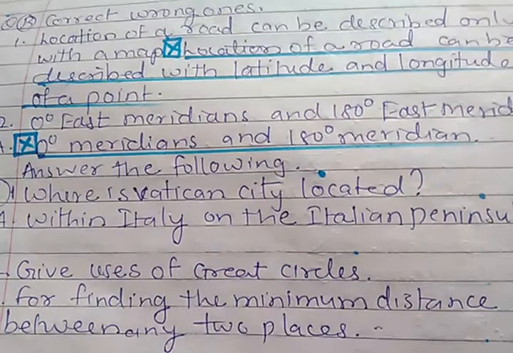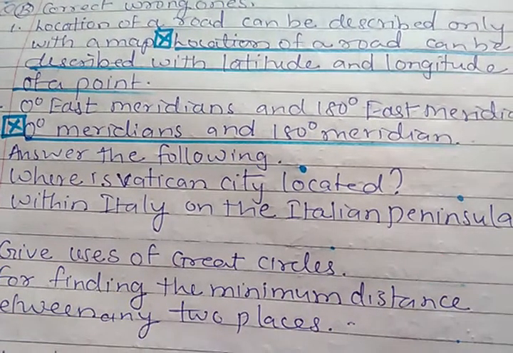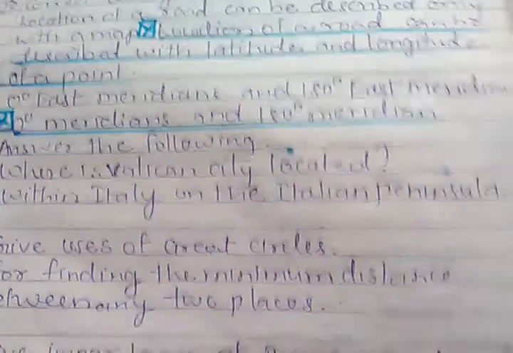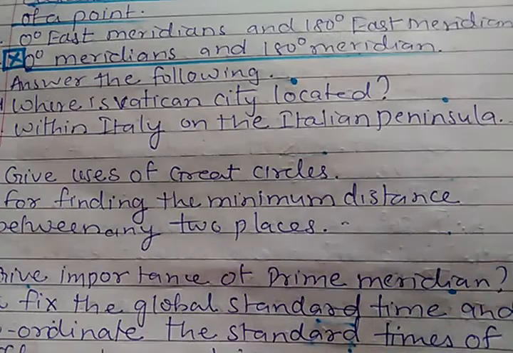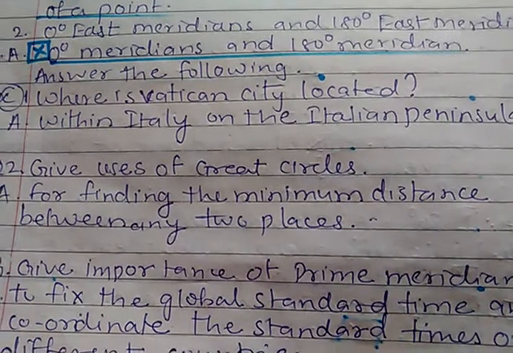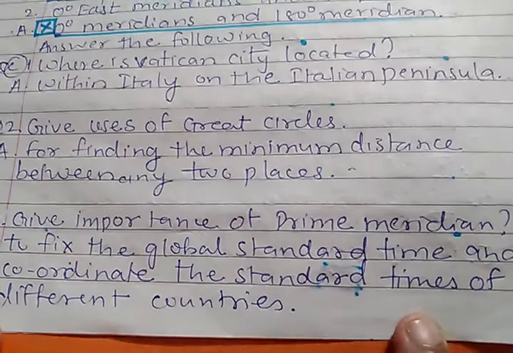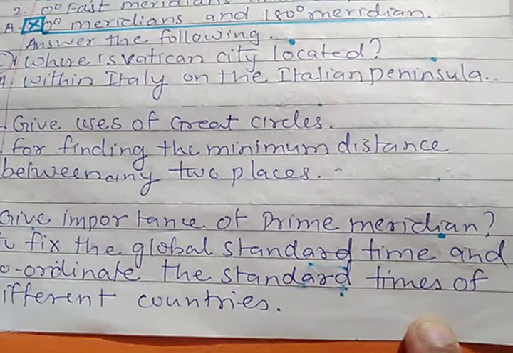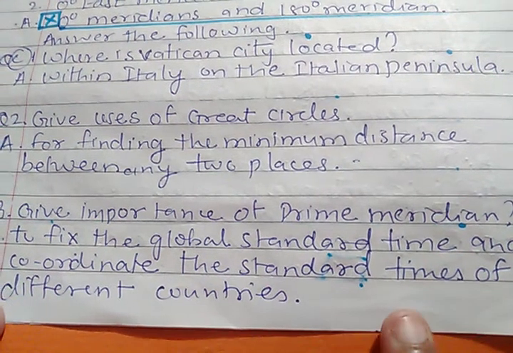Where is the Vatican City? It is within Italy on the Italian peninsula. Give uses of great circle: for finding the minimum distance between any two places. Importance of prime meridian: to fix the global standard time and coordinate the standard time of different countries.